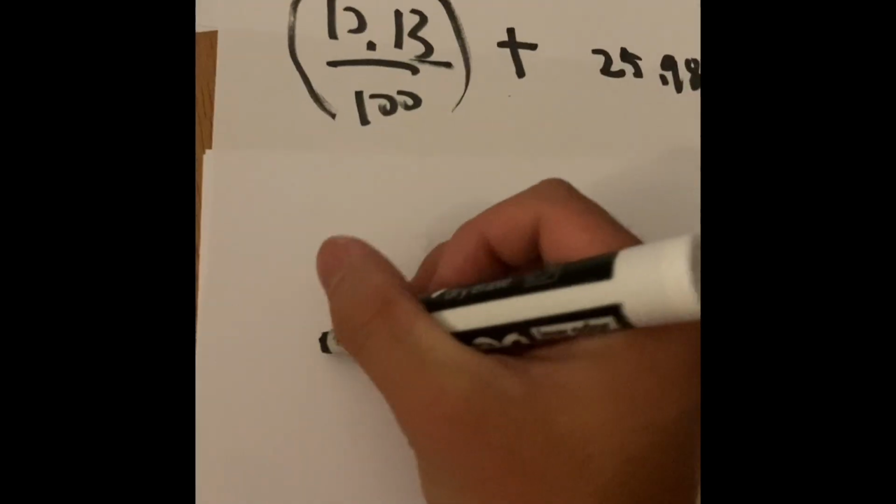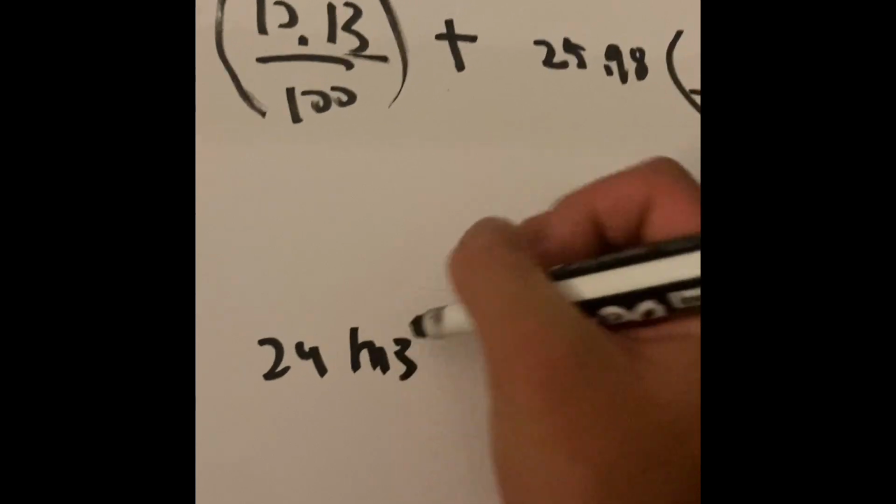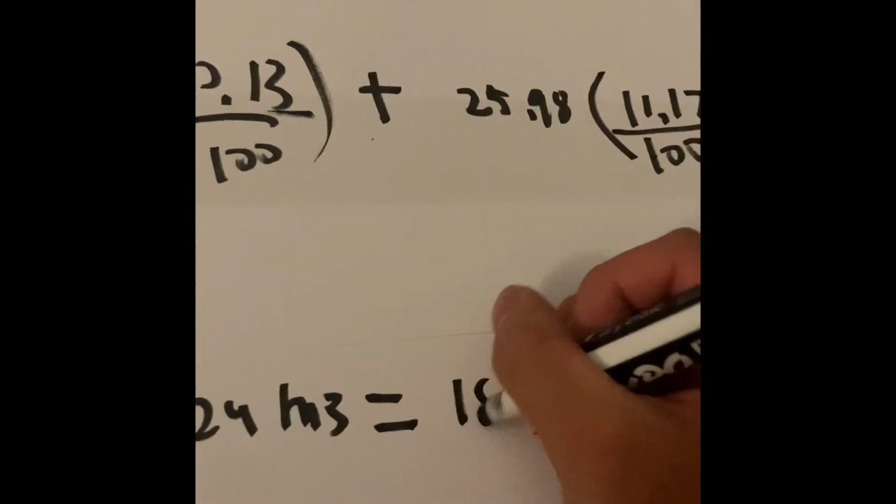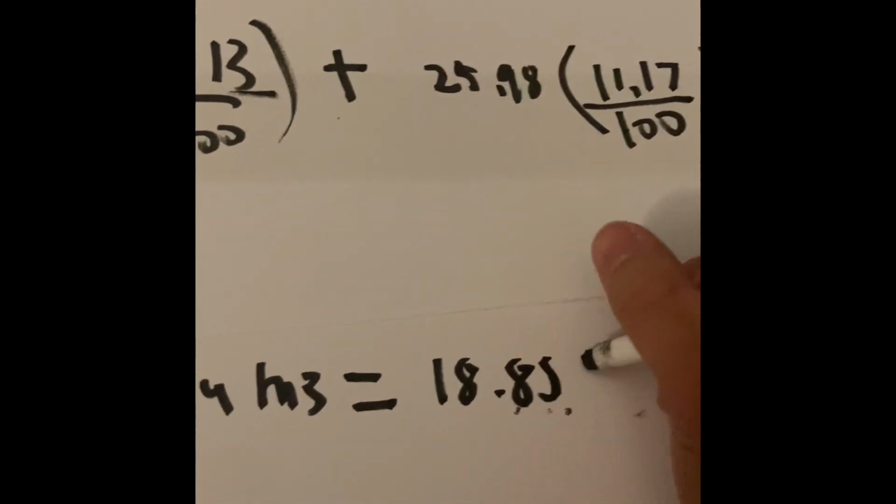When we do the math for magnesium 24, we get 18.88 AMU.